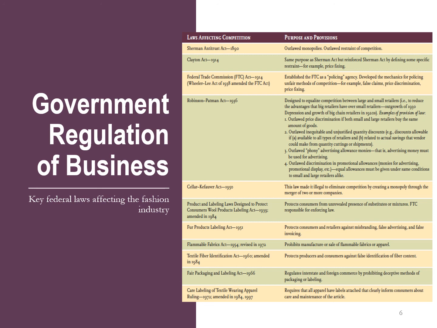And also the Textile Fiber Identification Act, which was first established in 1960 and then amended, and it says that producers have to tell us what the fiber content is of our garments. They can't falsify. They can't say it's 100% cotton if it's 94% cotton and 6% something else.